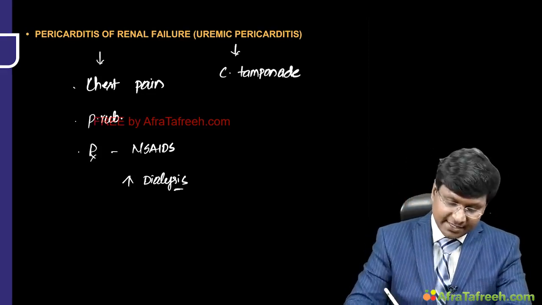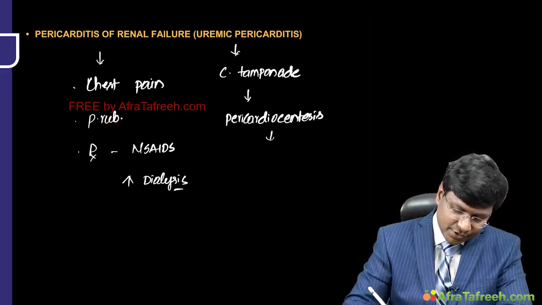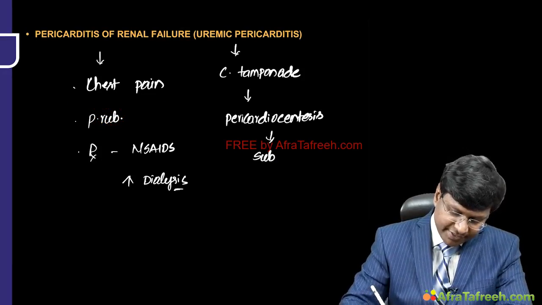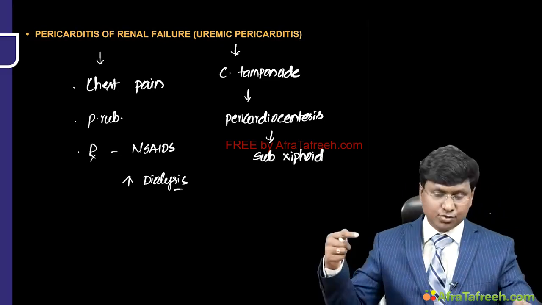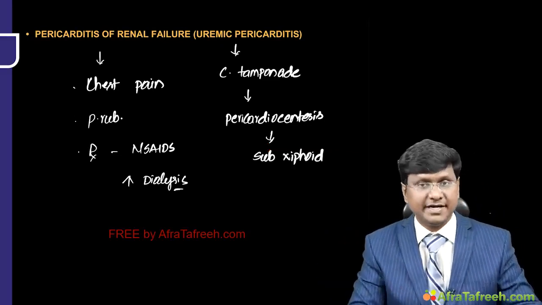Once cardiac tamponade develops, you need to do pericardiocentesis. What should be the approach? It should be the subxiphoid approach: through it, you enter the pericardial space and take out the fluid.